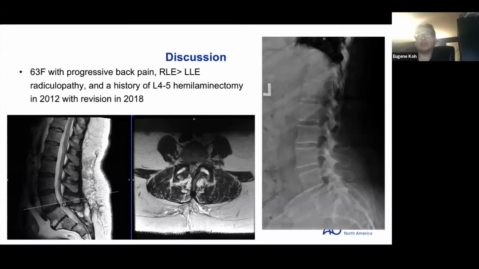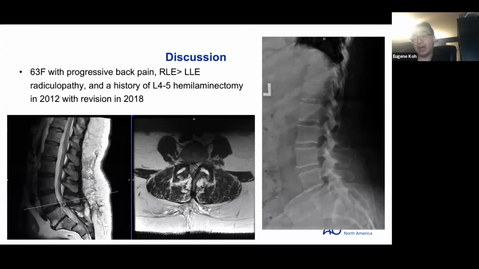I think there are two things that I always consider with an interbody. One is foraminal stenosis. Am I able to decompress it enough? If the disc height is decent enough, then I might not necessarily need to do an interbody.